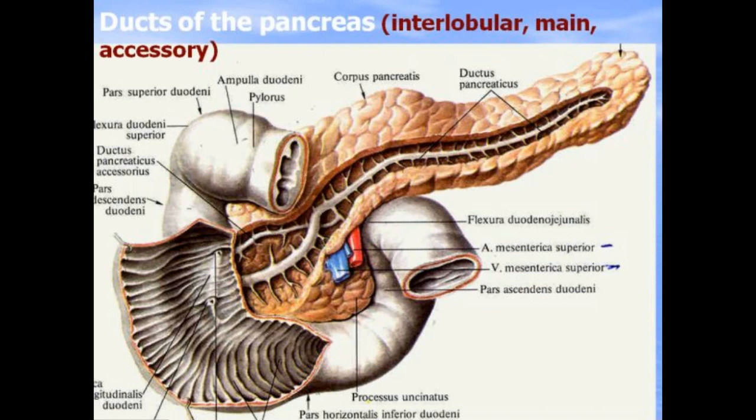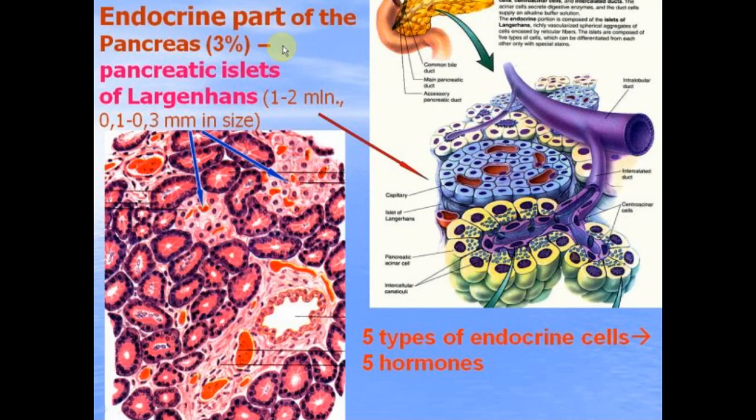The endocrine part of the pancreas composes only 3% of the parenchymal volume. It consists of pancreatic islets of Langerhans, and there are one to two million of them. They are scattered among the acini.